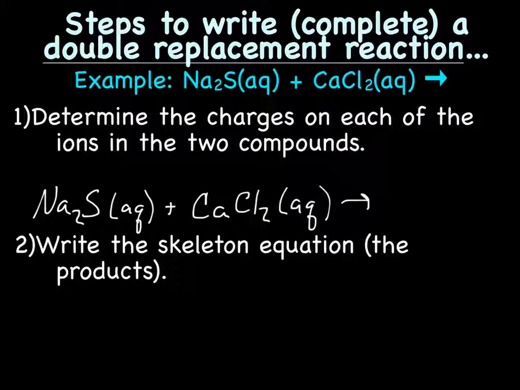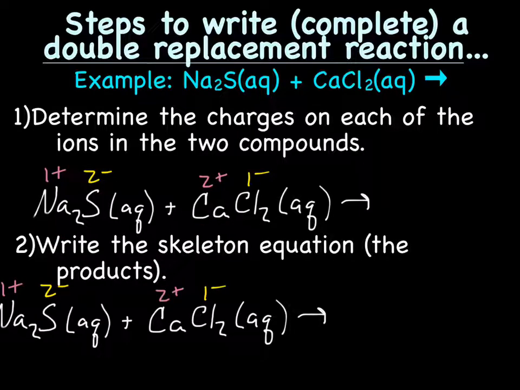Na has a 1 plus charge, sulfide has a 2 minus charge, calcium has a 2 plus charge, and chloride has a 1 minus charge. What's going to happen here is the sodium and the calcium, remember the positives switch places, so these two want to switch places.